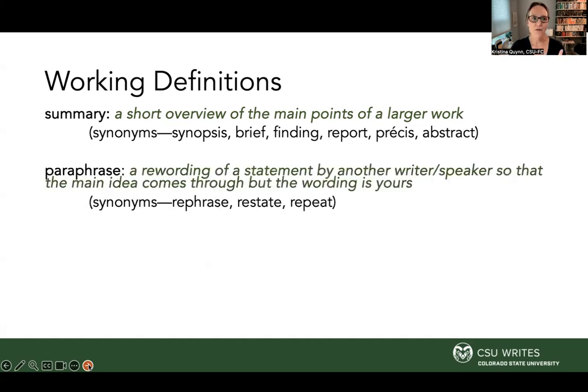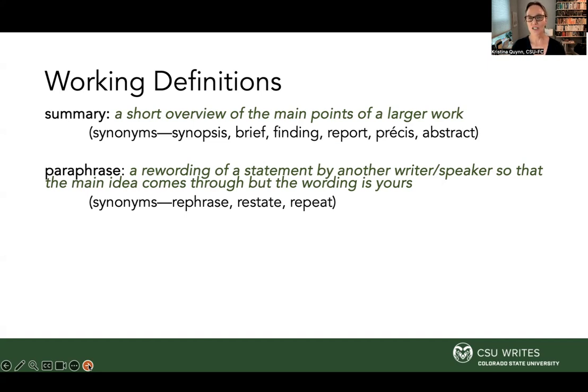It's not the same thing, however, as a paraphrase. Paraphrase is where you think about it even much smaller. It's a rewording of a statement, something very specific within that document or dialogue or whatever you're quoting from. Here you're restating, rephrasing, and using your own words. You want to make sure you are completely accurate in what you're restating.